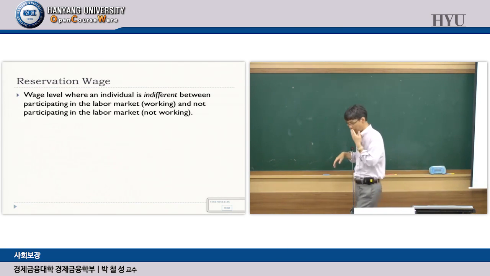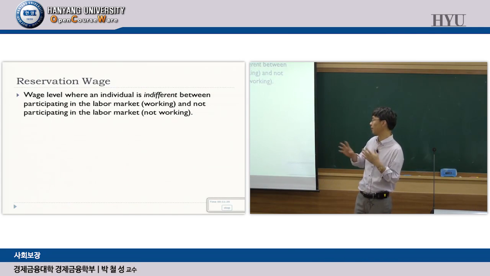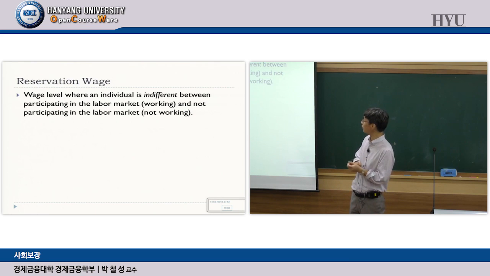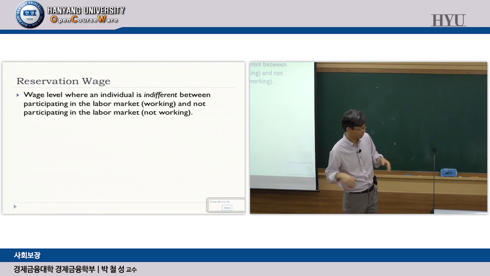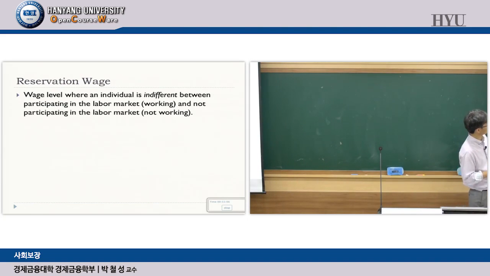But in a perfectly competitive labor market, the person should be working if the person is participating in the labor market. So working and participating in the labor market are pretty much the same in this sense. It's the wage level where an individual is indifferent between working and not working. That's the threshold. So it's like a psychological threshold.